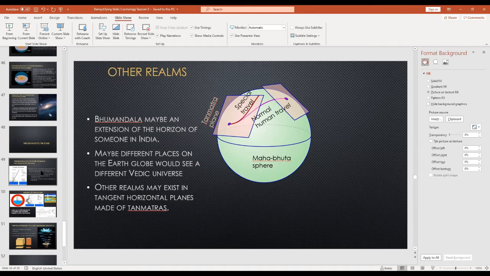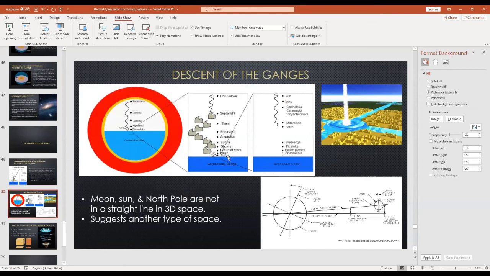So what we're proposing here is that Shukadev Goswami is giving Maharaj Parikshit a very concise view of the universe, specifically so that he understands just enough about Jyotish, so that he knows when is an auspicious time to die and when it is not. So it gives you the sun, the moon, the stars, and so on, only for the purpose of Jyotish.